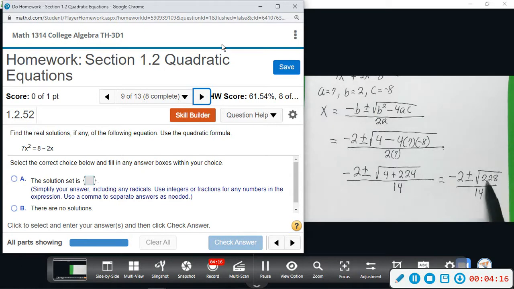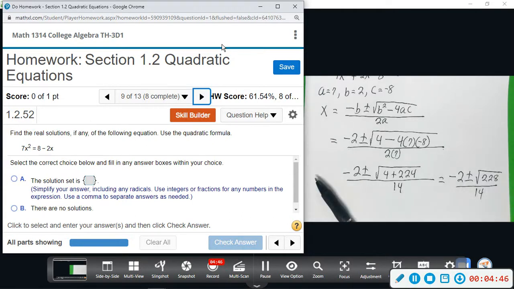So 228 is not a perfect square. I think the closest we get is 15 times 15 is 225, which is just below this. And then if you do 16 squared, I think it's 256.